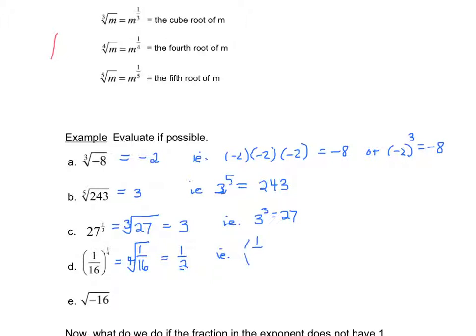So let's try that again. 1/2 to the exponent 4 equals 1 over 16. There we go.